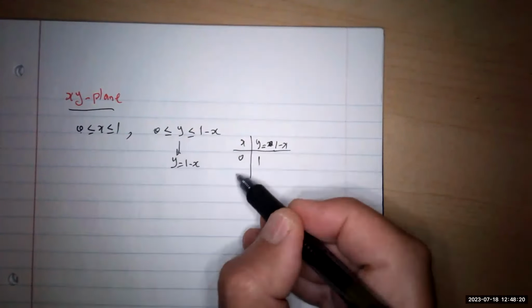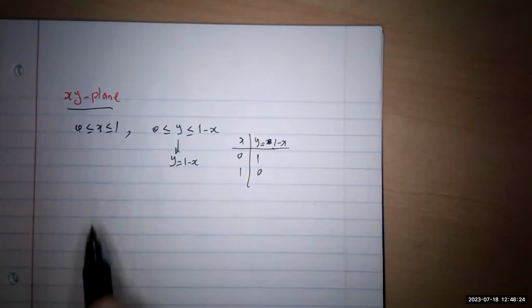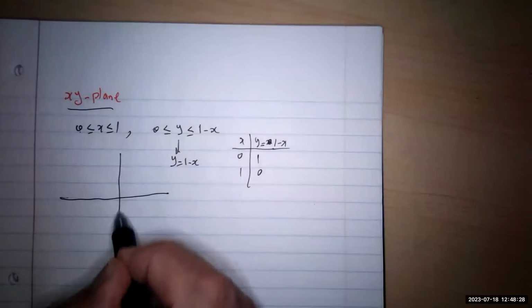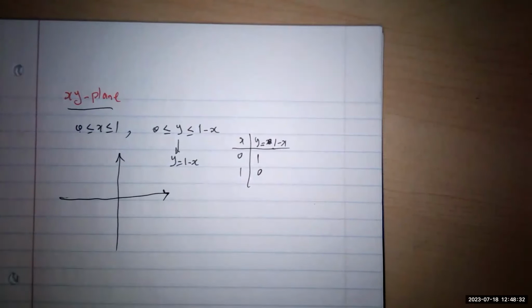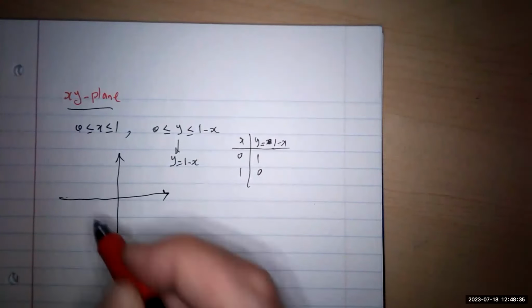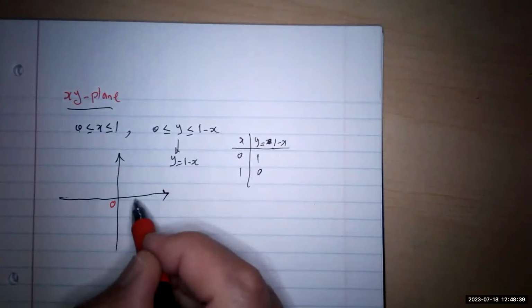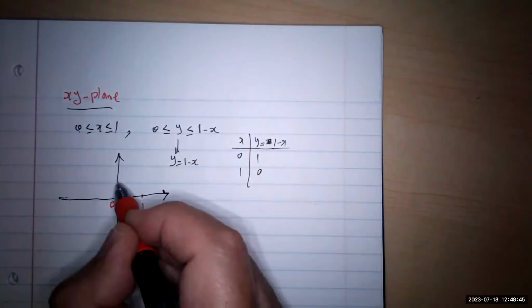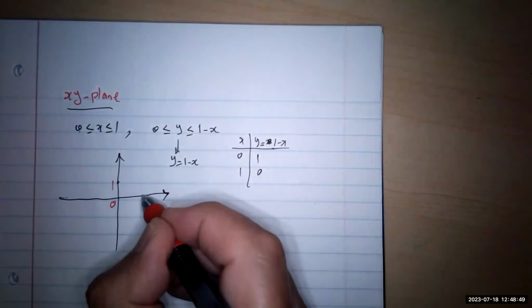And if you put X equal to 1, Y would be 0. So this region is going to be this one. This is 0, 0, this is 0, 1, and this is 1, 0. So this is going to be the line.